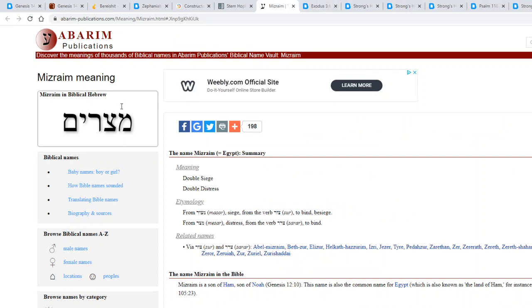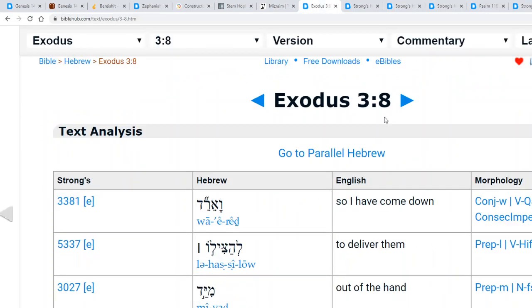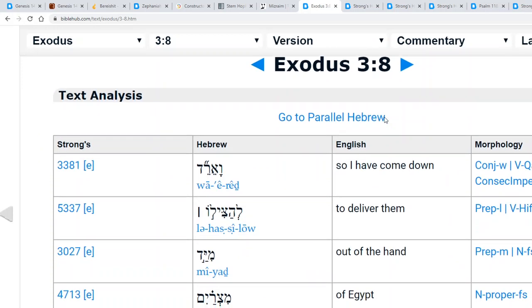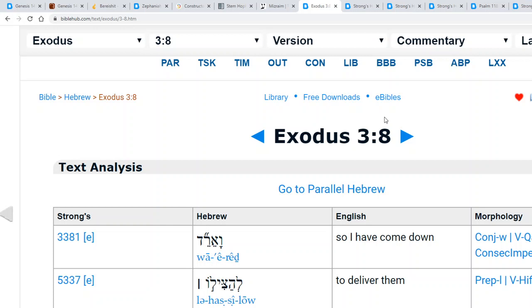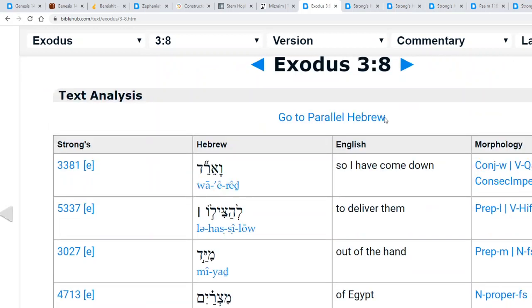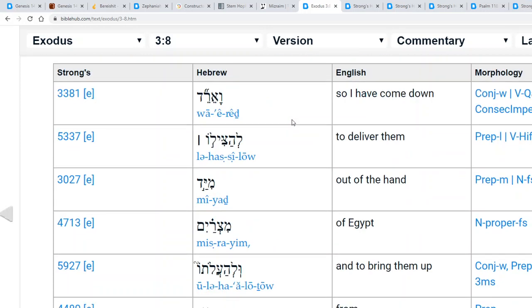Now let's actually talk about the word Mitzrayim and its symbolism in the Bible. So I think a verse that really brings this out is Exodus 3:8, and we're going to take a look at it.